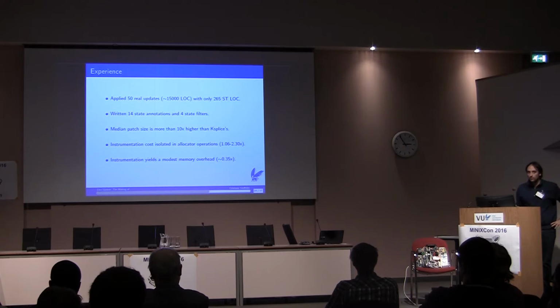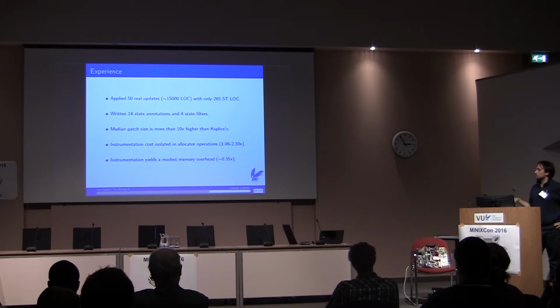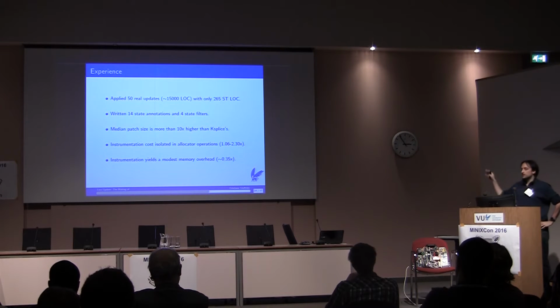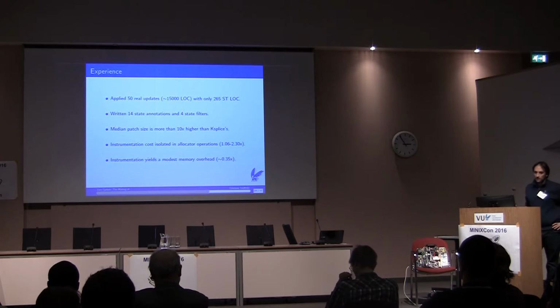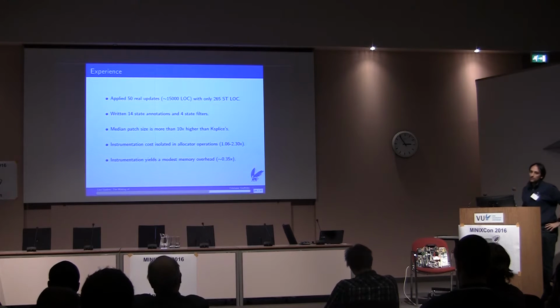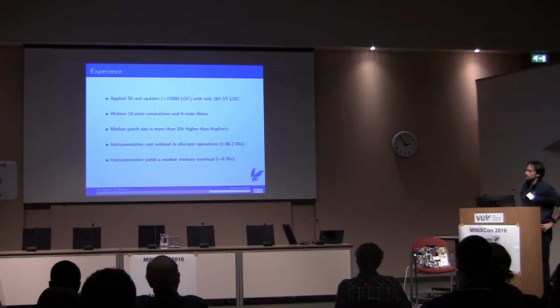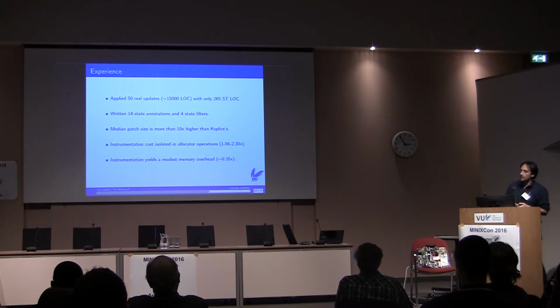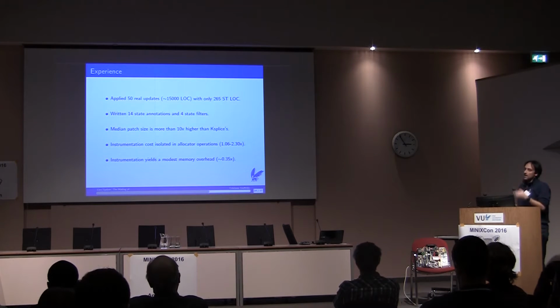I'll now spend a few words, before time runs out, on the evaluation. We've actually tried the system with 50 real updates, around 15K lines of code, and we did this with only 300 lines of state transfer code manually written. We also had to manually write 14 state annotations to support precise pointer traversal, and 4 state filters to support the updates.